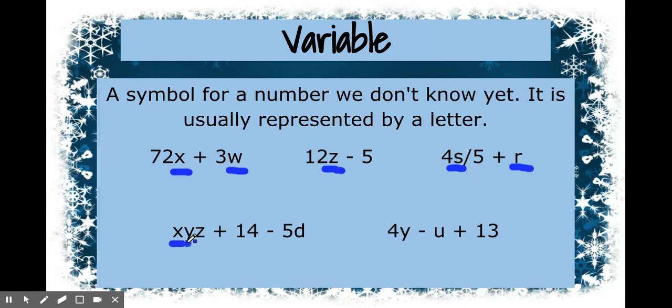In this example, I have x, y, z, and d. Each letter represents a different unknown value. In my last example, I have 4y minus u plus 13. So I have a y that represents an unknown value and a u that represents another unknown value.